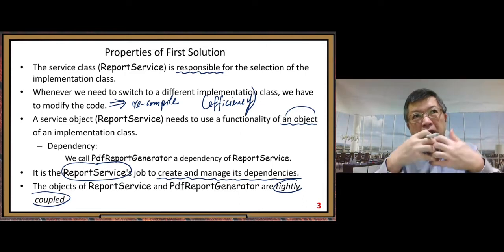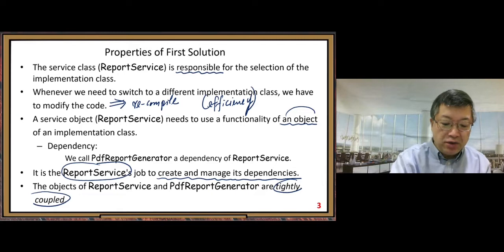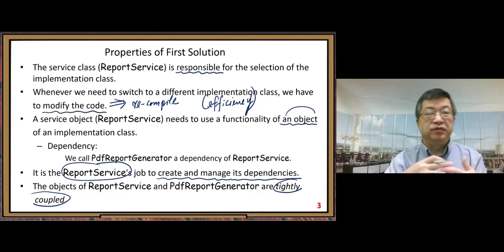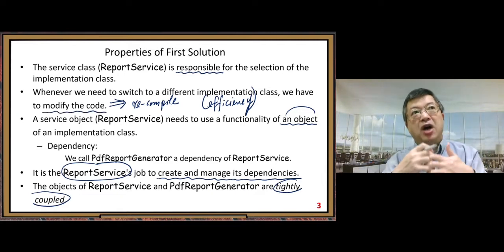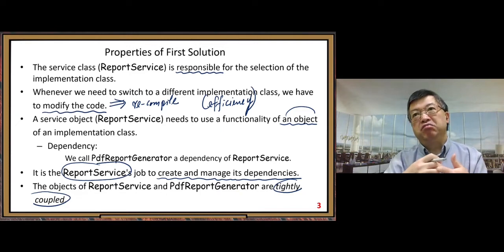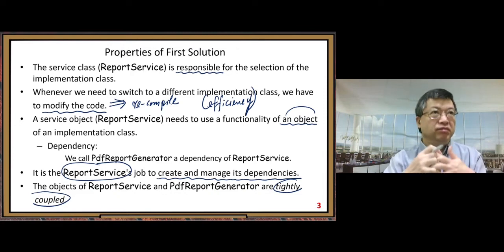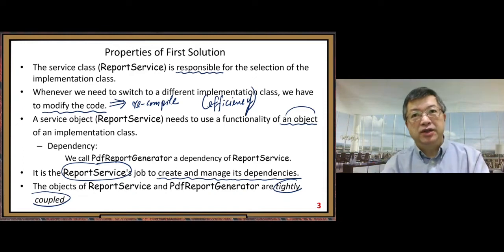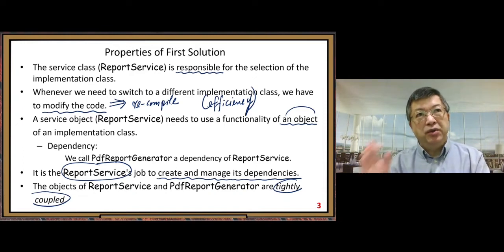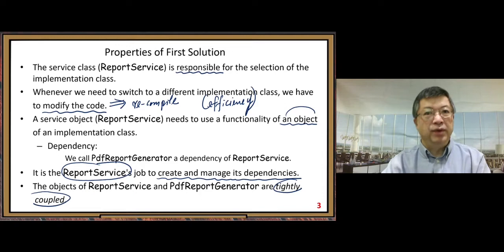Tightly coupled, if you want to disconnect them, you need to do the code change, modify the code. That's the harder way to make the change. After you make the change, you need to do a lot of things to make it work again. So that's this tightly coupled relationship.